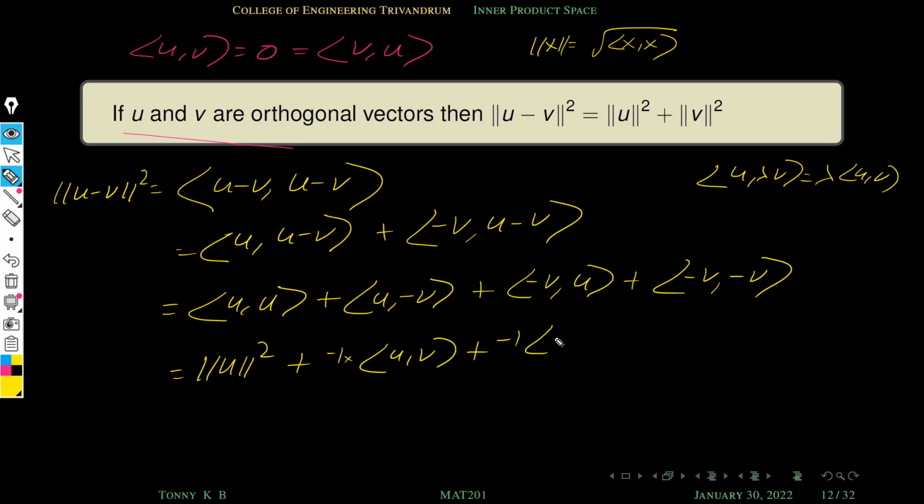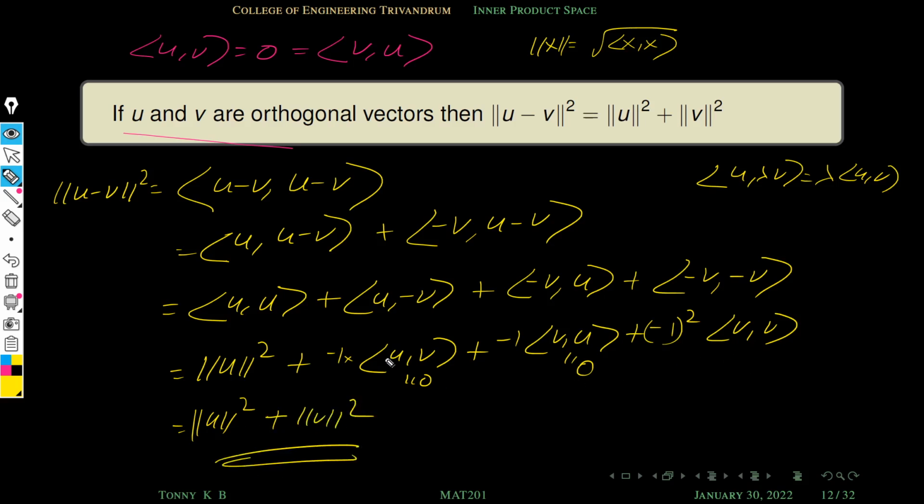Similarly, this becomes minus 1 times (v, u), plus, and we have two minus signs, that means minus 1 squared times (v, v). So this becomes norm u squared, and what about the inner product of u, v? That is equal to 0. So this term is 0 and this term also 0, and this is norm v squared. So if u and v are orthogonal, then the norm of u minus v squared is equal to norm u squared plus norm v squared.